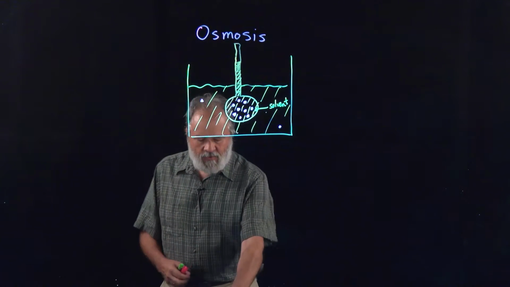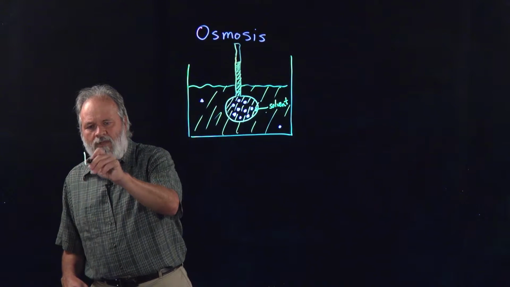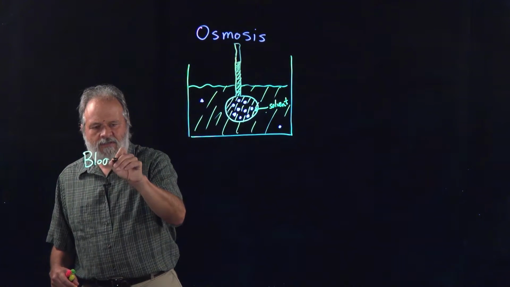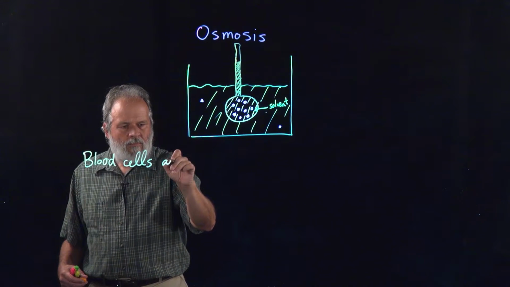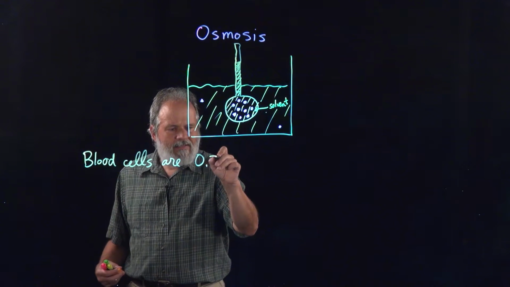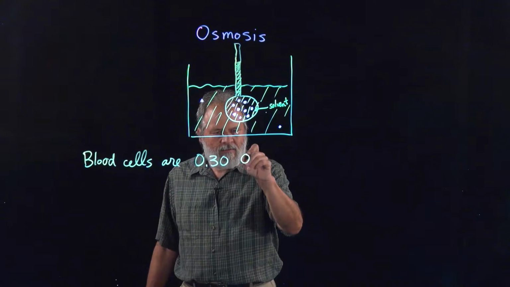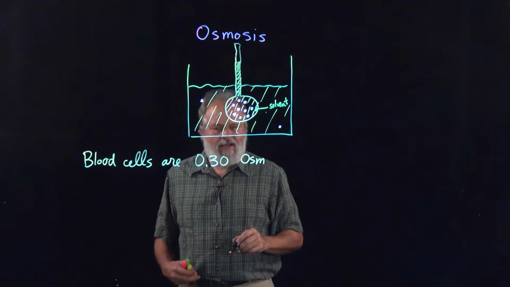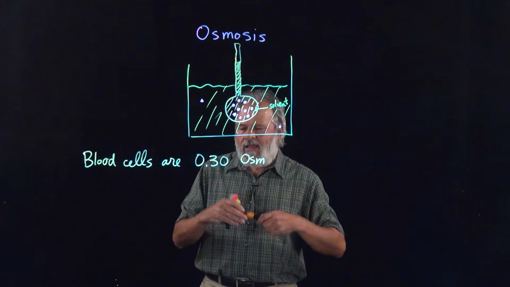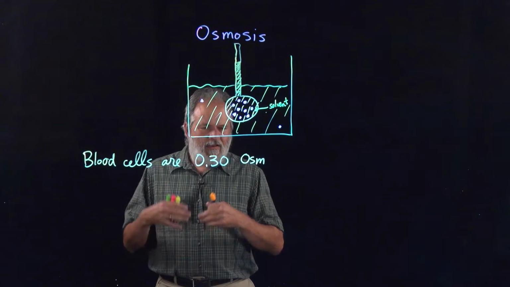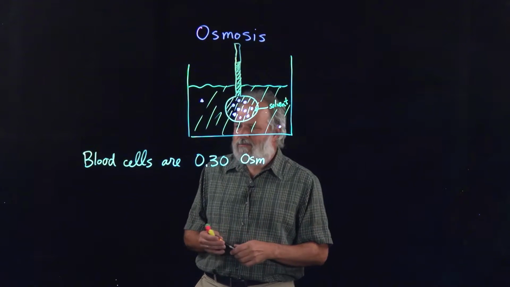Okay, so we're just going to work a few questions here. It turns out that blood and other cells have an osmolarity of 0.3, and we're going to abbreviate that osmolar. Basically that is how many moles of particles are dissolved per liter of solution.